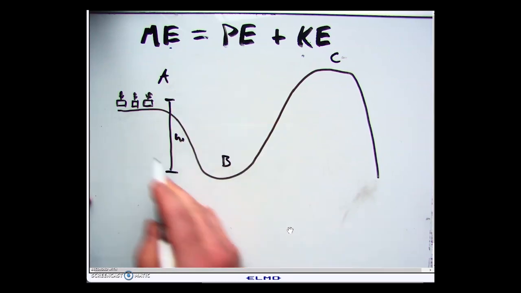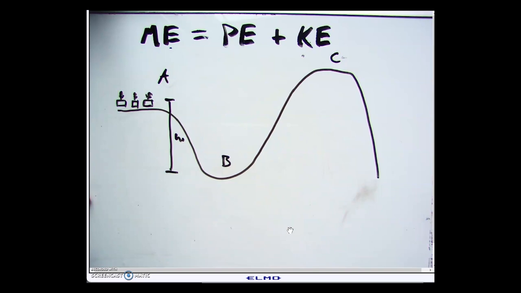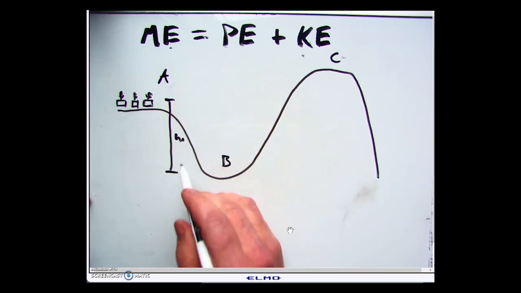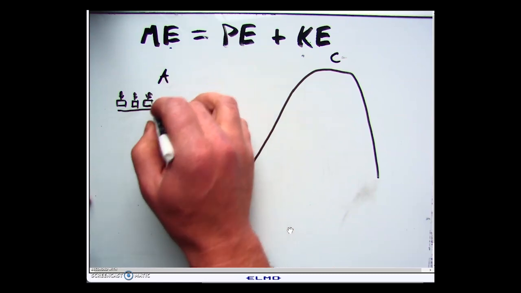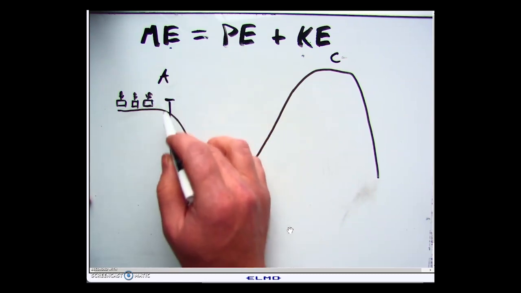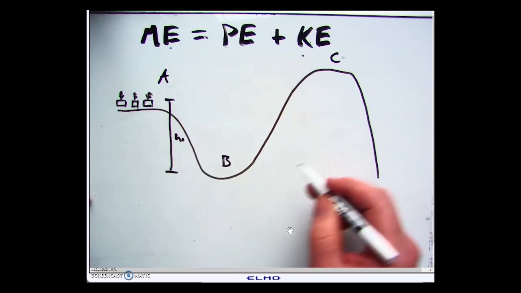H1. And there's a certain amount of potential energy left in that height, okay? And so I know that as the roller coaster goes down the hill from point A to point B, it's going to turn that potential energy into kinetic energy.